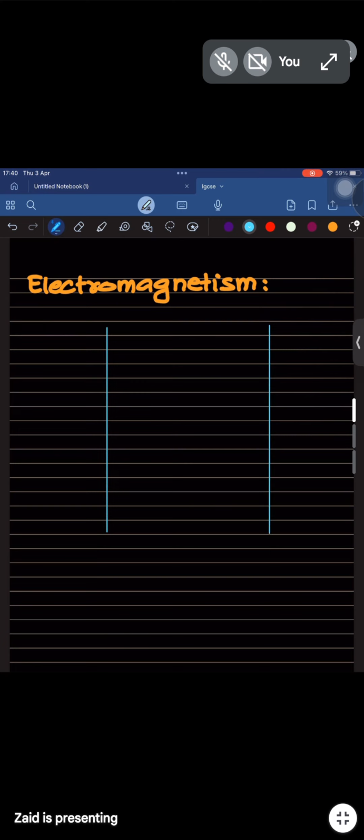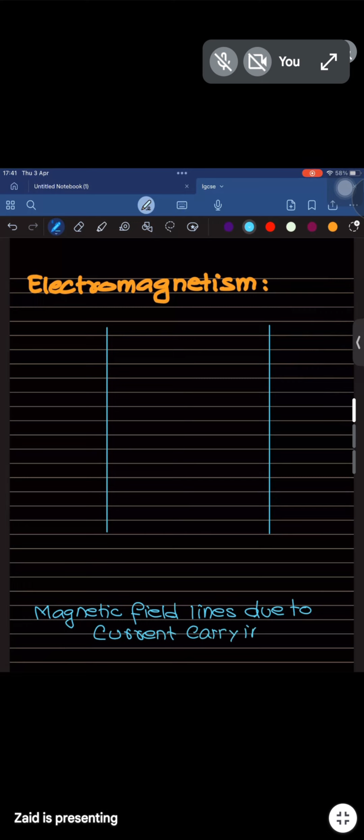For this: magnetic field lines due to a current carrying conductor.